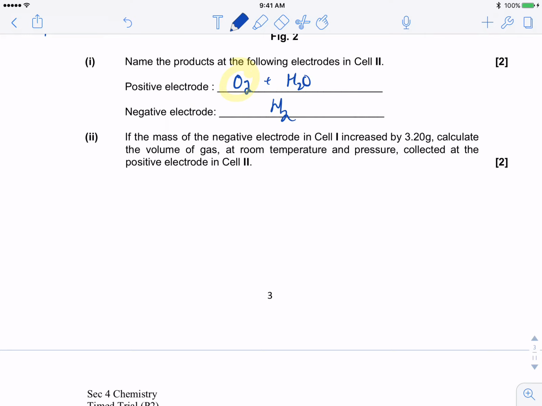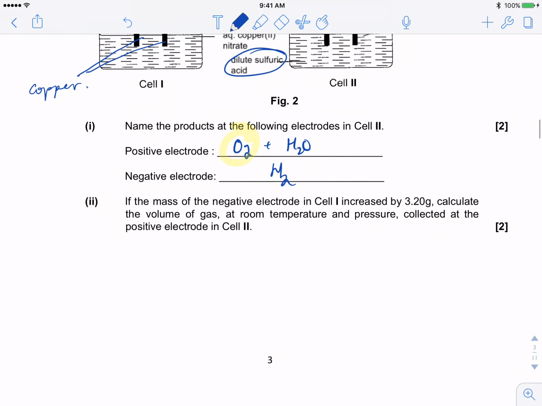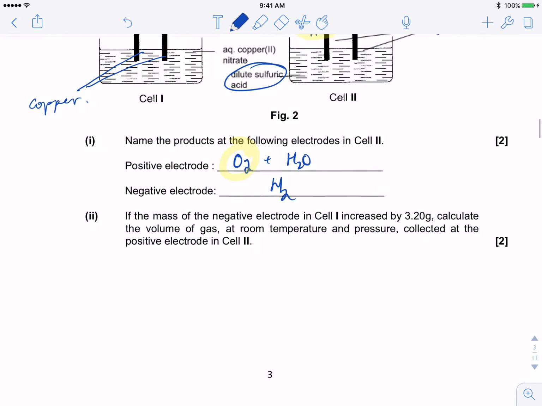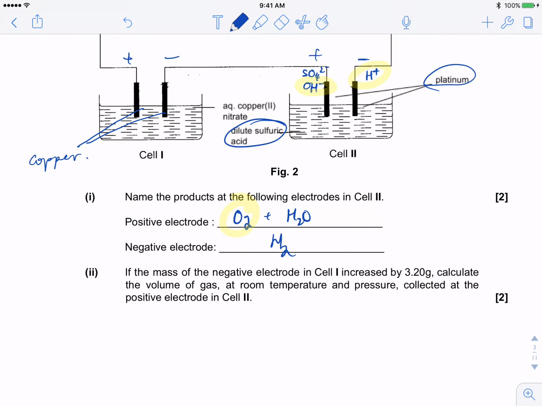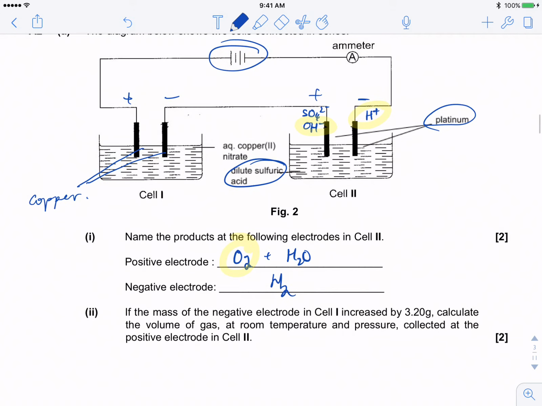If the mass of the negative electrode in cell 1 increased by 3.2 gram, calculate the volume of gas at room temperature and pressure collected at the positive electrode in cell 2. So let's look at cell 1, the negative electrode. Here, if it increased the mass by 3.2 gram, what is the volume of gas collected at the positive electrode?